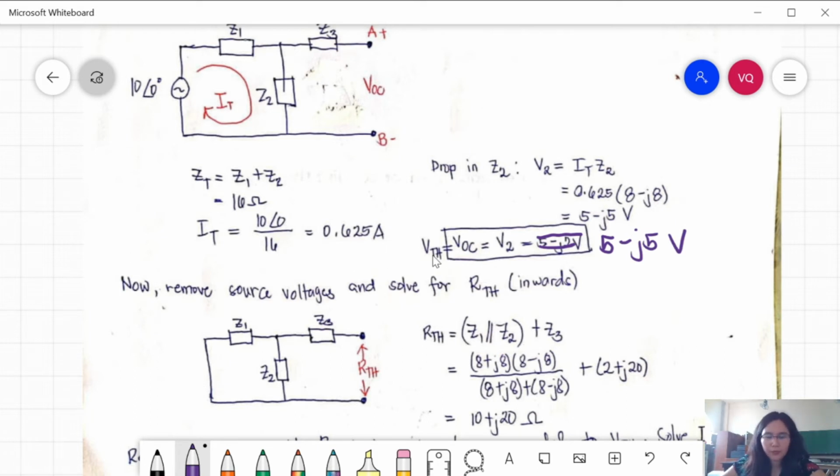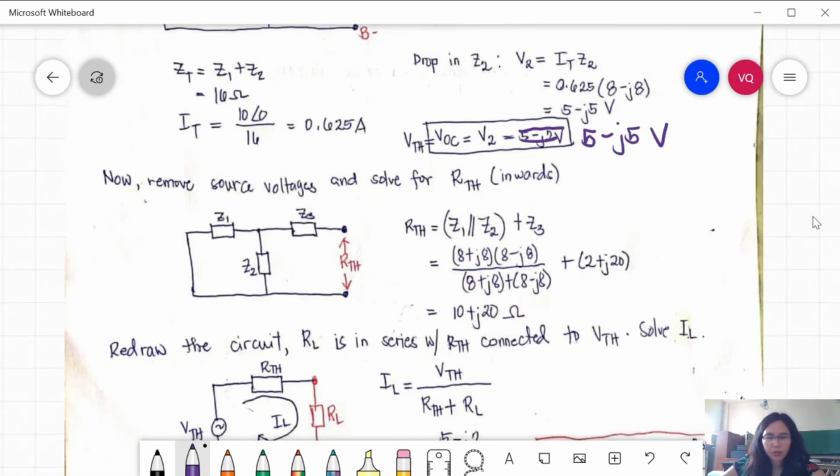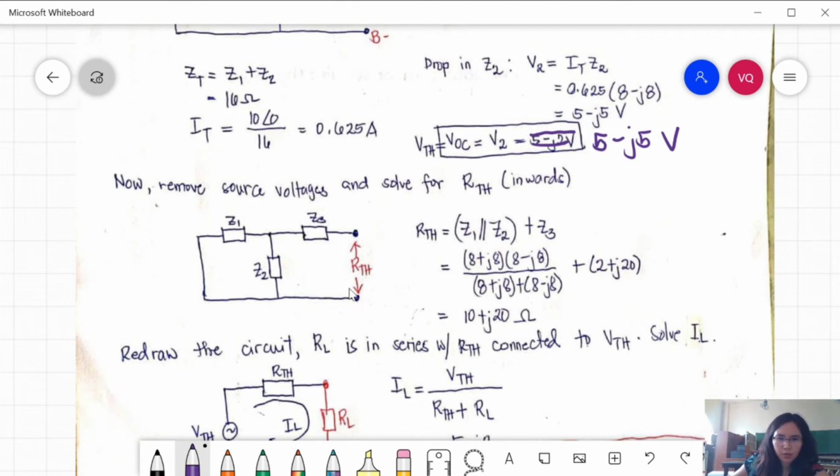Now, after we solve the VTH, next is the RTH or the ZTH. We will remove, or short, the source voltage, and solve for ZTH.